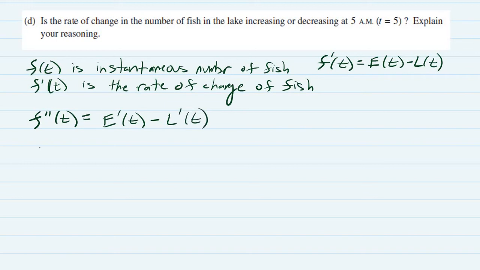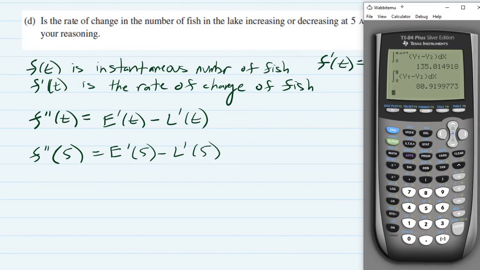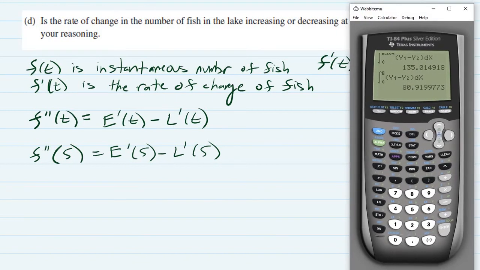I want to know if this second derivative is positive or negative at time t equals 5. So I need to know what e prime of 5 minus L prime of 5 is. Of course, if that second derivative quantity at t equals 5 is positive, that means the rate of change of the fish in the lake is increasing. If it's negative, it's decreasing.